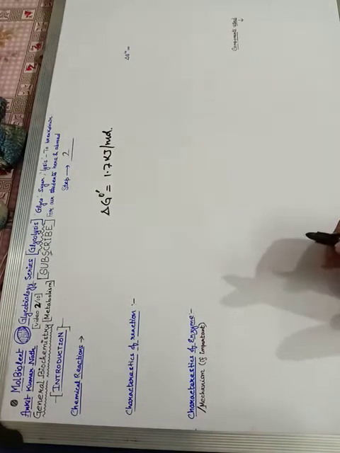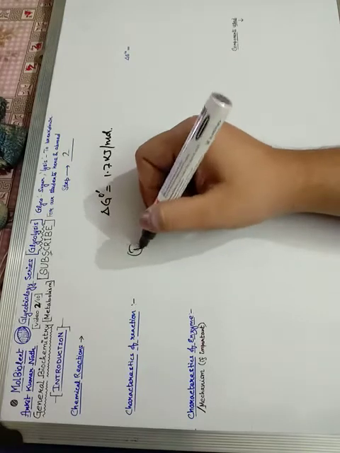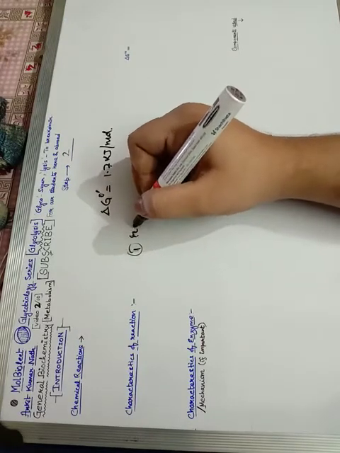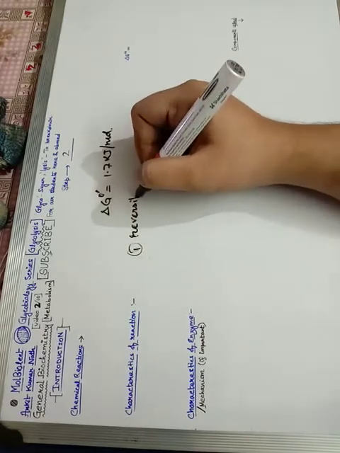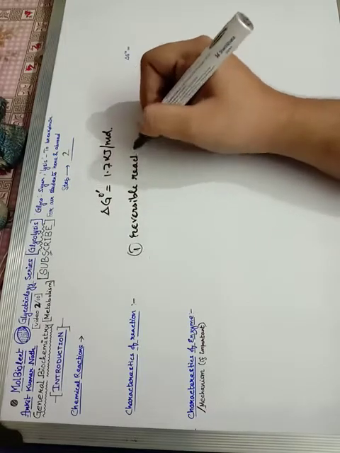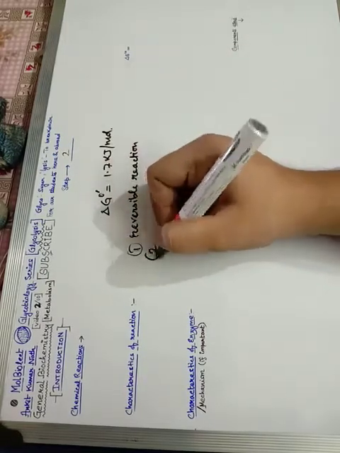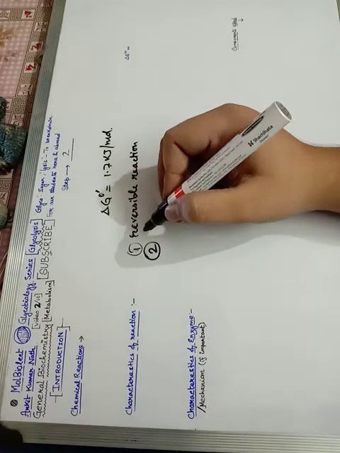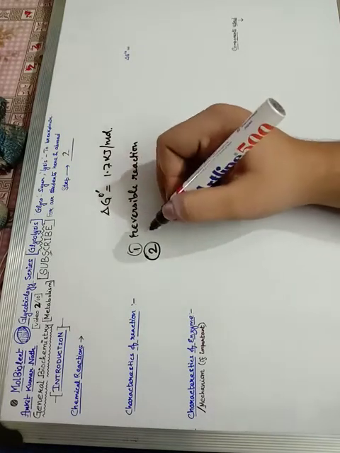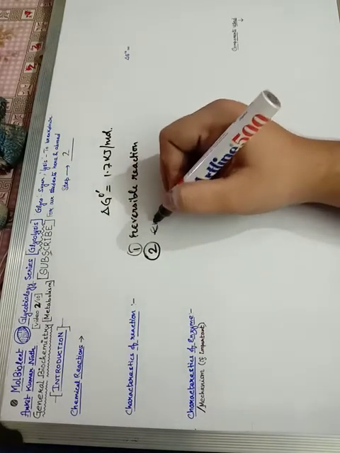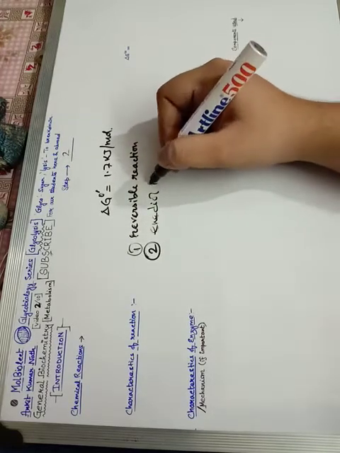Now the characteristics of the reaction. First of all, it is a reversible reaction. Number 2, the mechanism of this reaction involves the formation of an enediol intermediate.